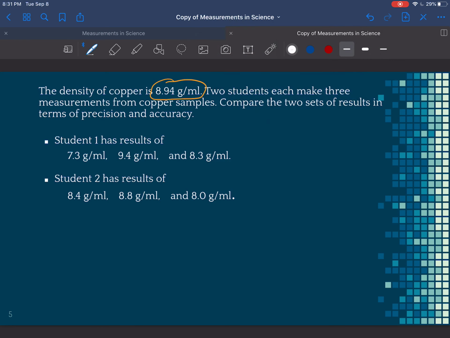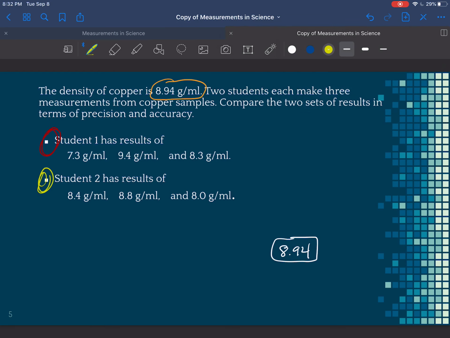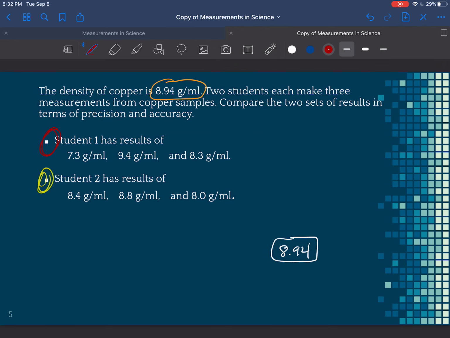So maybe we could look at it like this. Let's say 8.94 is my accepted value. And I'm going to make student 1 red, and I'll make student 2 yellow. How close are student 1's measurements to the target, 8.94? We're measuring accuracy, right? Well, student 1 in red had a 7.3, so that might be down here below the value.